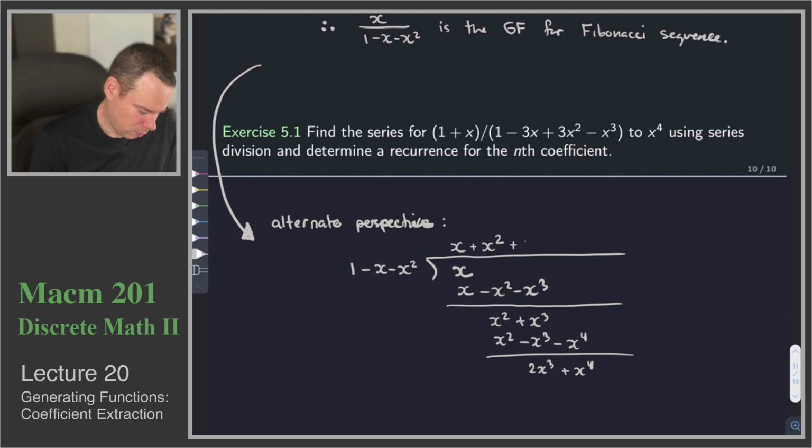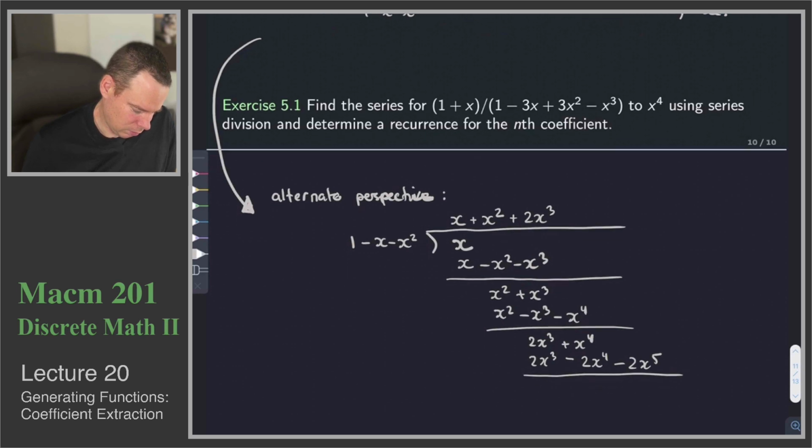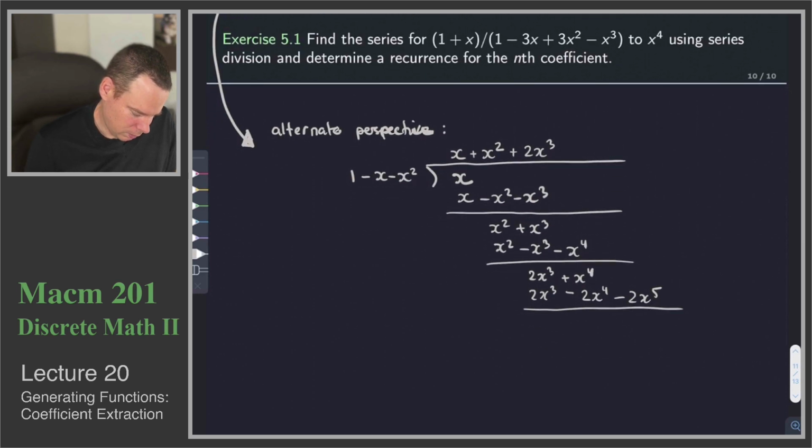It goes in there 2x cubed times. So we get 2x cubed minus 2x to the 4th minus 2x to the 5th. And then we take their difference, and that becomes 3x to the 4th plus 2x to the 5th.